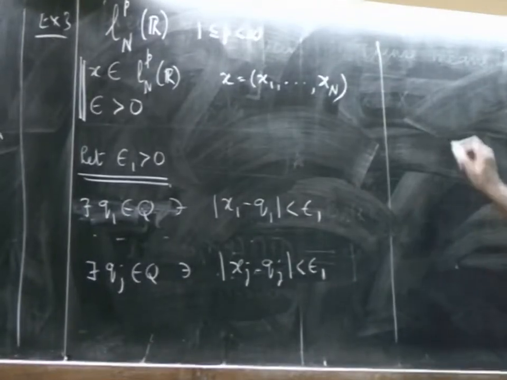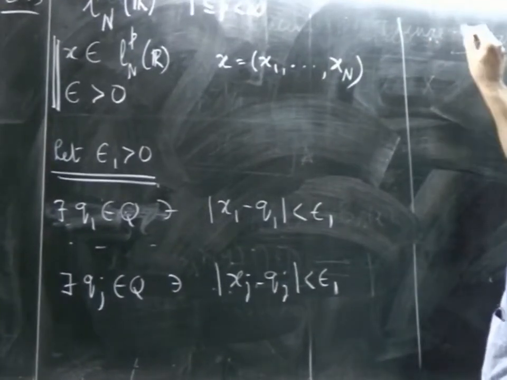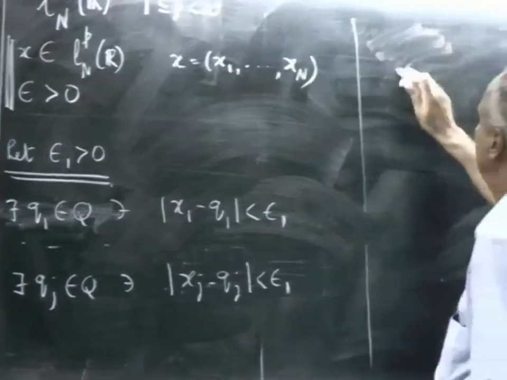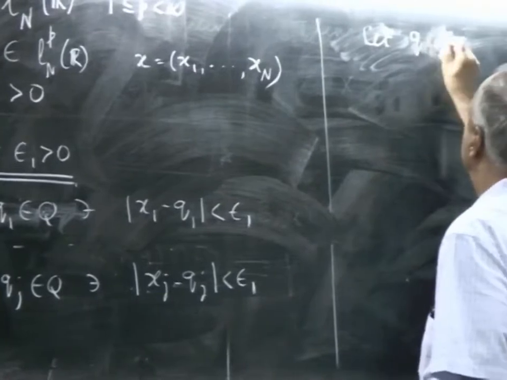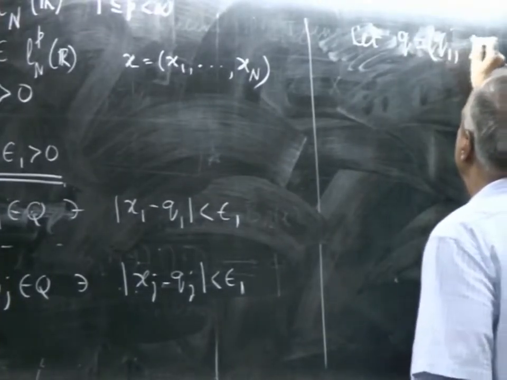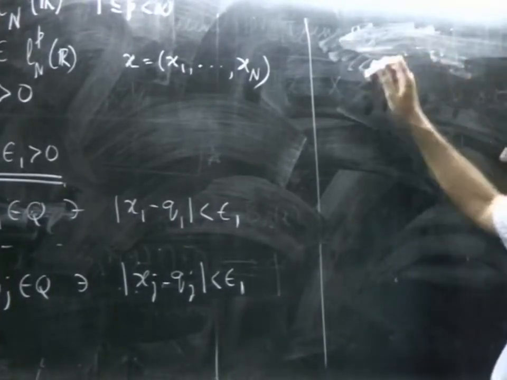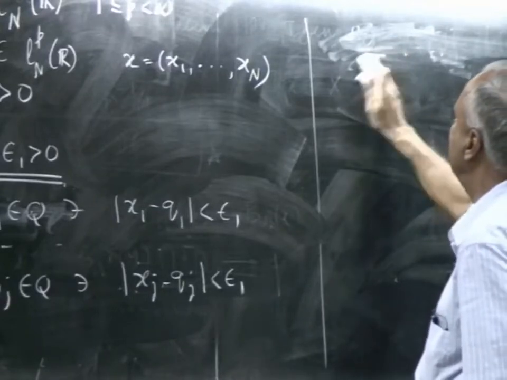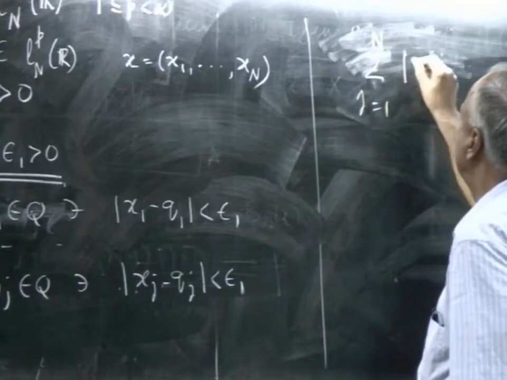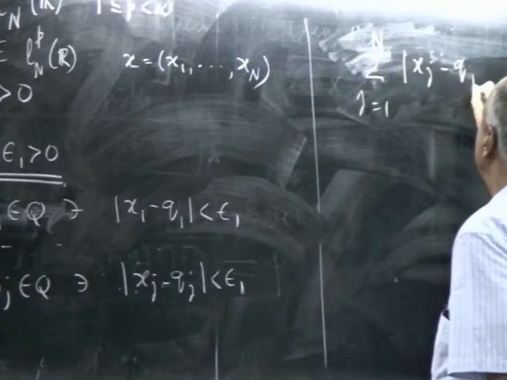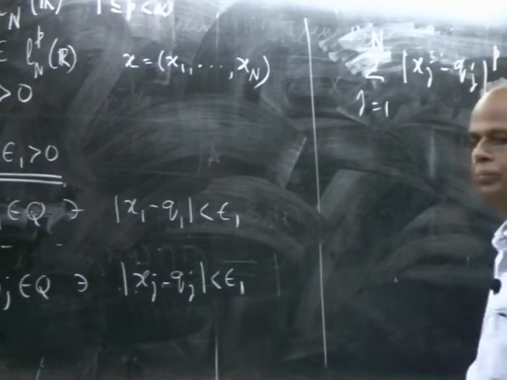And therefore, what about the summation j equal to 1 to n of mod xj minus qj to the power of p?